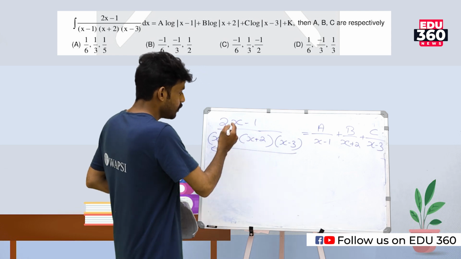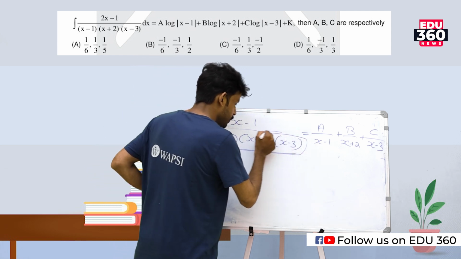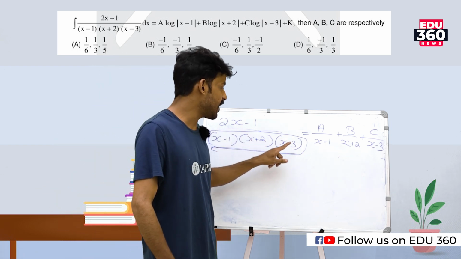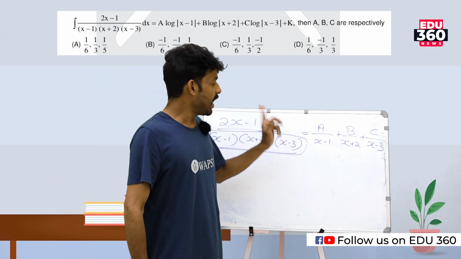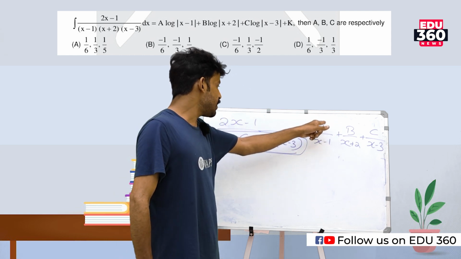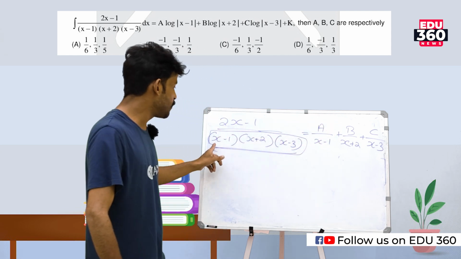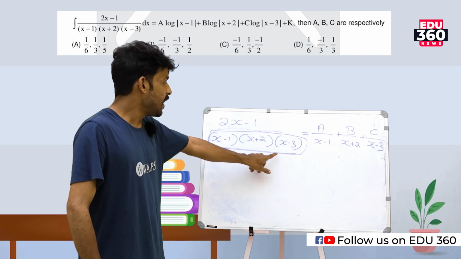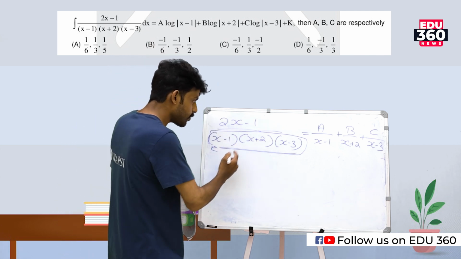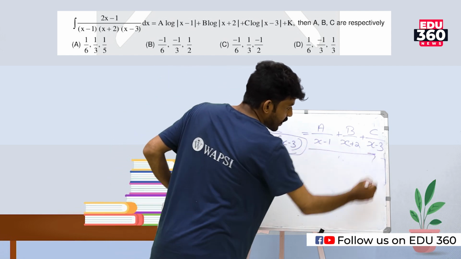So hereafter, just consider x minus 1 into x plus 2 into x minus 3. Just multiply here. That is a by x minus 1 into this part, x minus 1 into x plus 2 into x minus 3. I'm going to write the right hand side only.